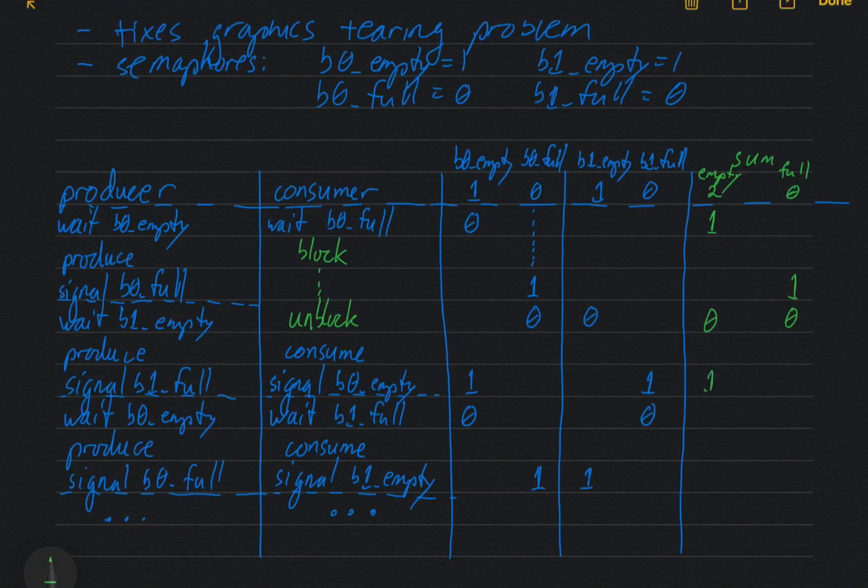And then they both go up to 1 here, both go back down to 0 here, and both go back up to 1 here. Now there's a total of 2 buffers, and so a buffer is either sitting empty, ready to be filled, or sitting full, ready to be emptied, or a producer or consumer currently has that buffer. So when you see the total on the line, for example, on the first line here, the sum of these two semaphores is 1, but the producer is now holding 1 buffer, so your total buffers in the system is always constant at 2.